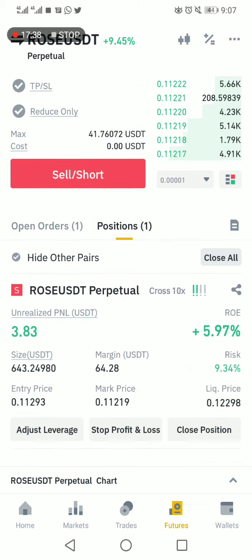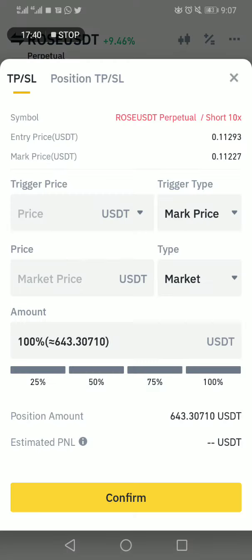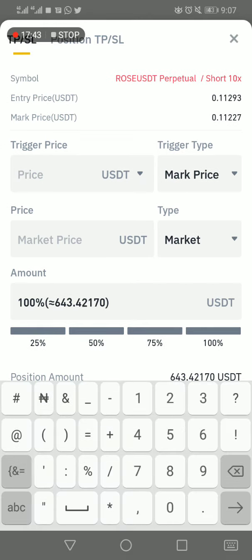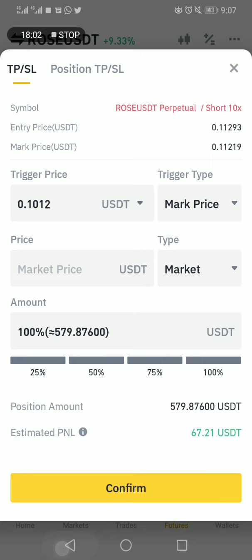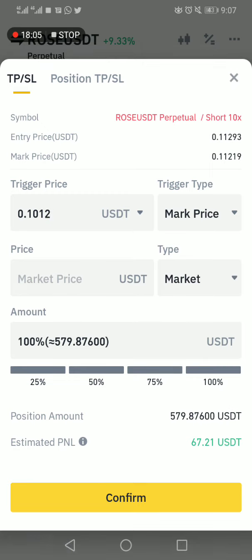Then I can set my take profit. My take profit now will be at the lower price where I want it to be. So I can just say 0.1012. You see, this will be my profit once this coin gets to this level now.